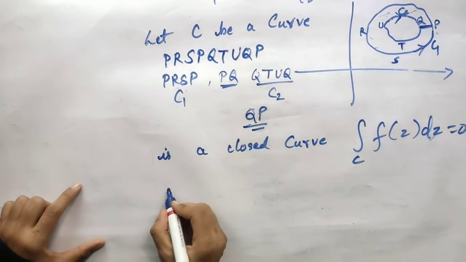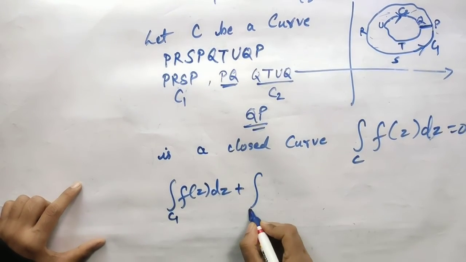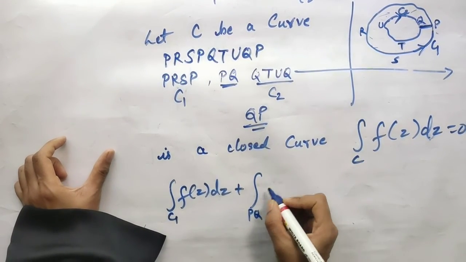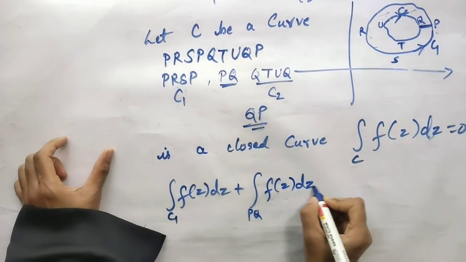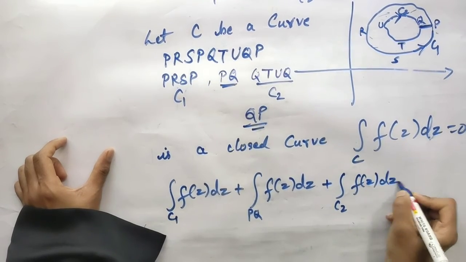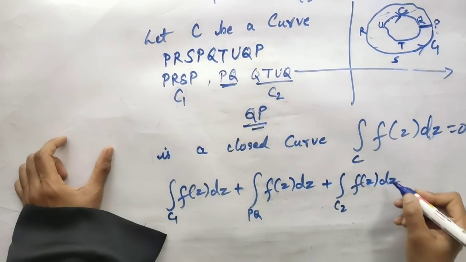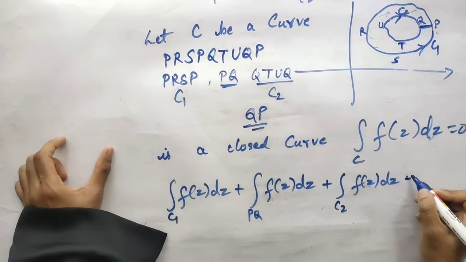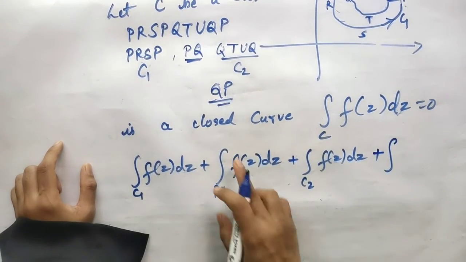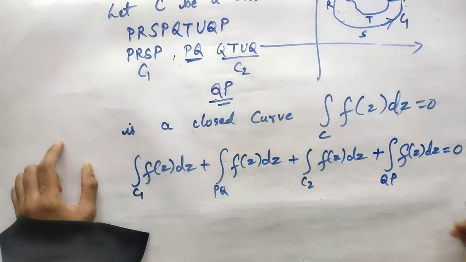The LHS I can write as integration along C1 of f of z dz, plus integration along PQ of f of z dz, plus integration along C2 of f of z dz, because Q T U Q is C2 for me, plus integration along QP of f of z dz, is equal to 0.